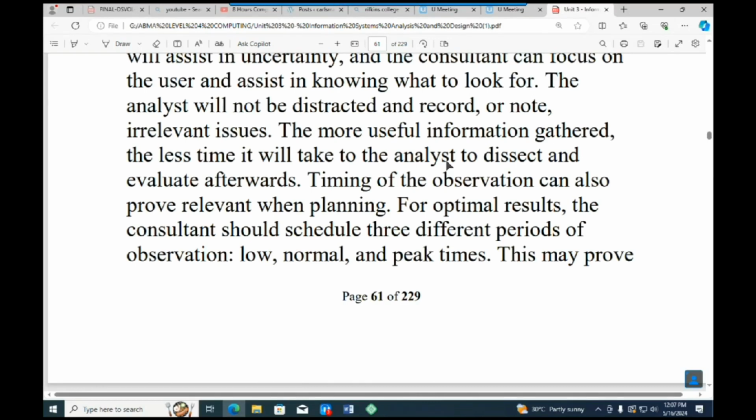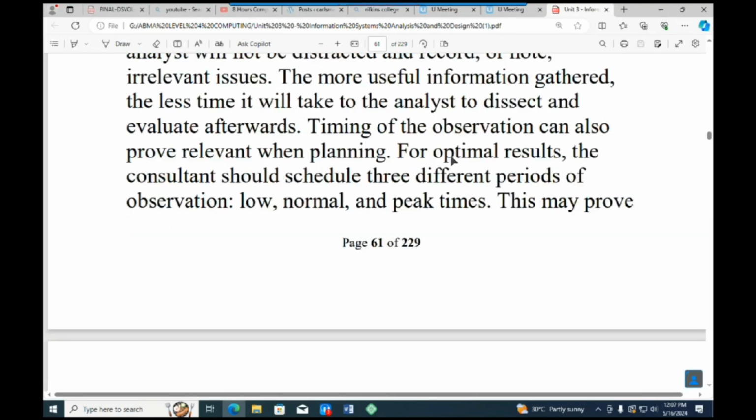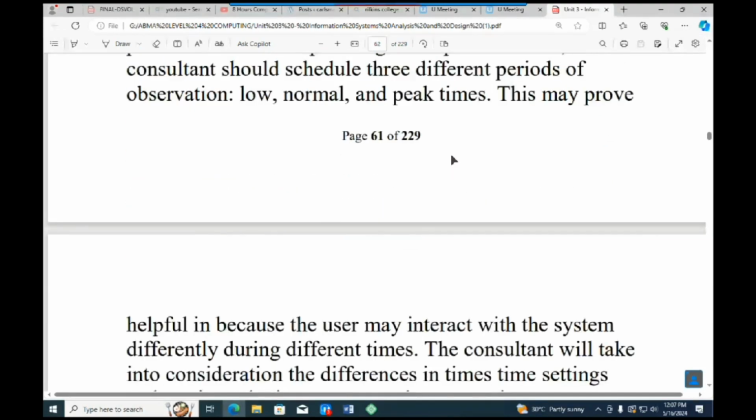You should schedule maybe 3 different periods of observations. One of which is going to be low, the other one is going to be normal, and the other one is going to be at peak times, especially when you are observing a user in an environment where he's dealing with other people.